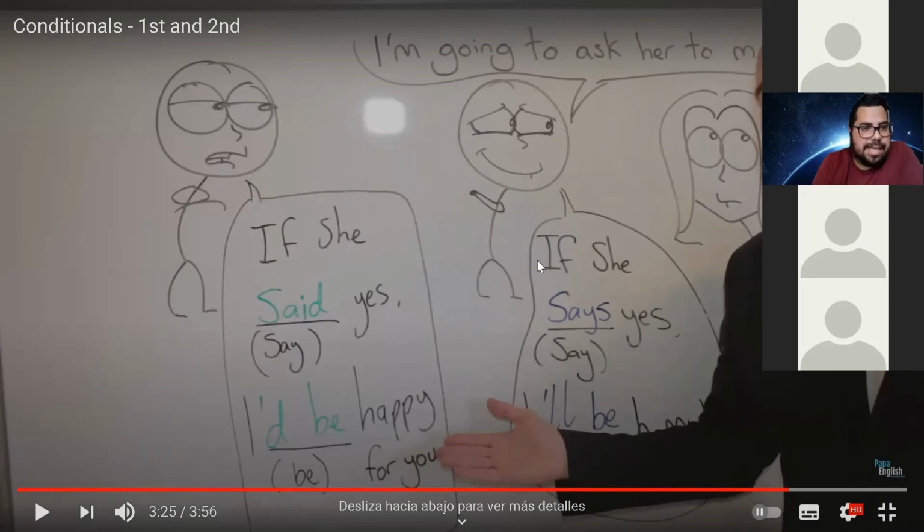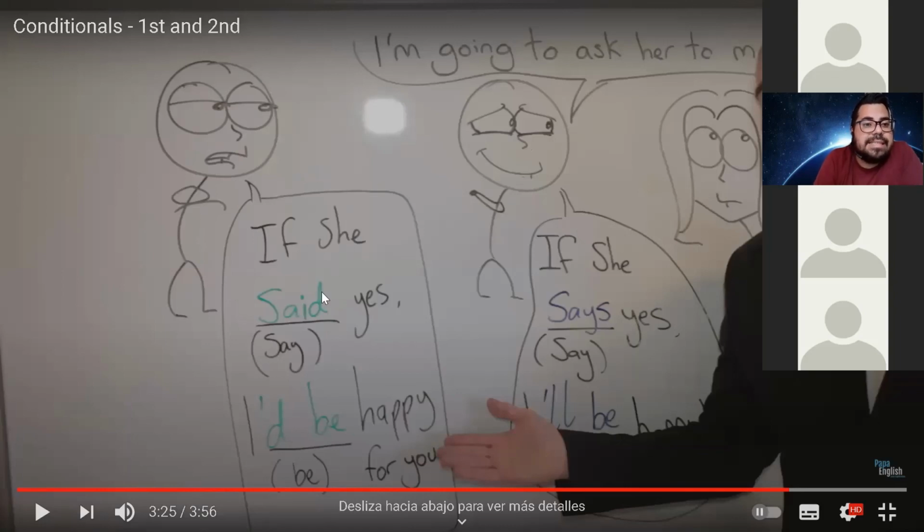So he uses the first conditional because he thinks it is possible. It can happen. So if she says yes, I will be happy, because he is sure about the situation. But this guy over here, he's not convinced. So he's like, well, in a hypothetical situation, if she said yes, he's using the second conditional.